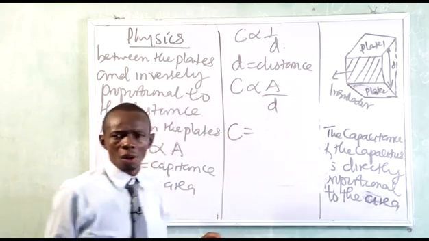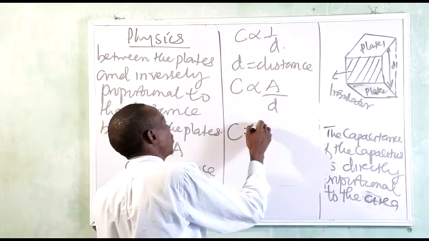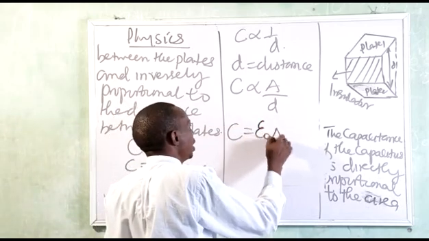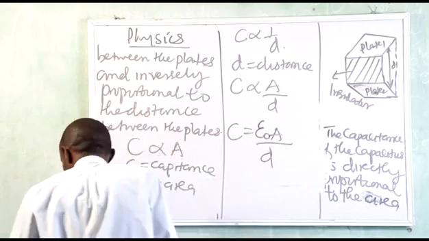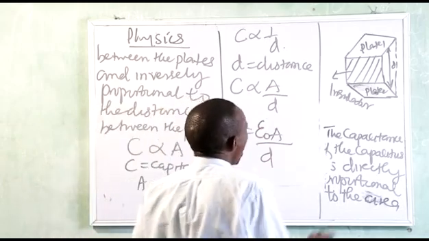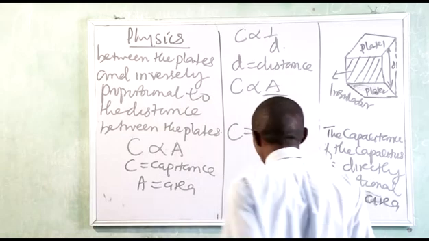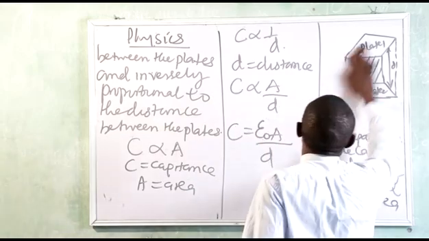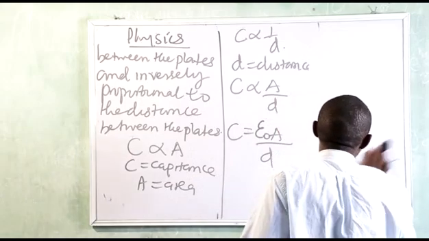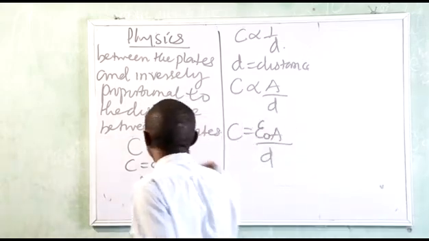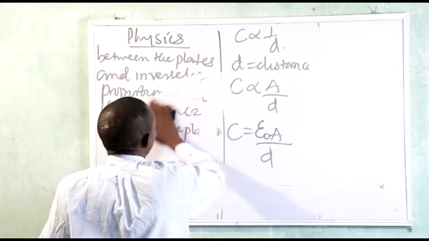I remove my constant and bring my proportionality constant, epsilon-naught, so C equals epsilon-naught A over D. From the above, it shows that the capacitance varies directly with the area and inversely with the distance.